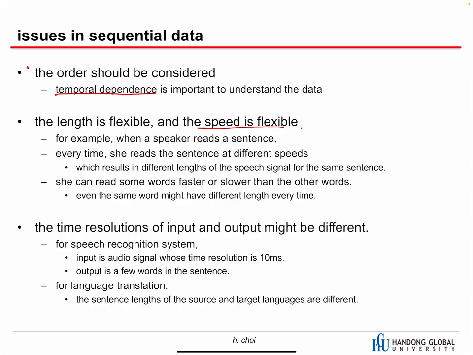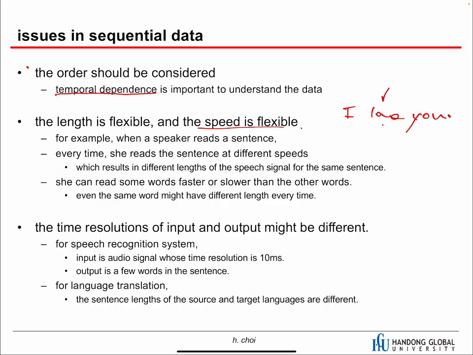When we read one sentence, like "I love you," the input is fixed, so we have only three words. But when I read this sentence, sometimes I can read it really quickly, sometimes really slowly. Sometimes I read this word really slowly, or I can read this word really fast.